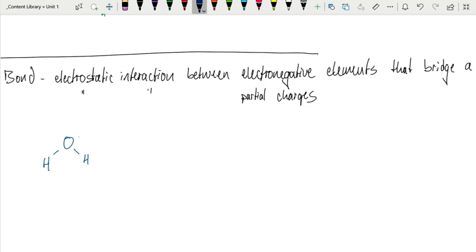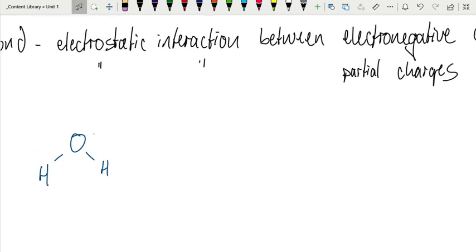That means that across this bond axis, we actually develop partial charges. A negative on the oxygen because that's where the electrons are hanging out, resulting in a positive down here. And same thing across this bond axis. So we have another partial negative here and another partial positive here.